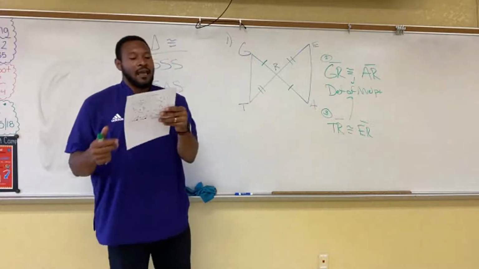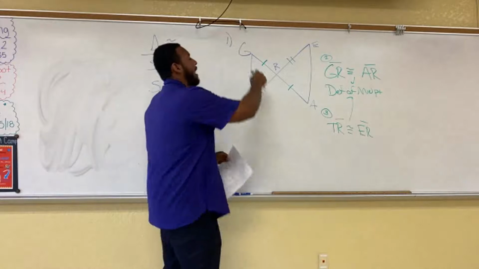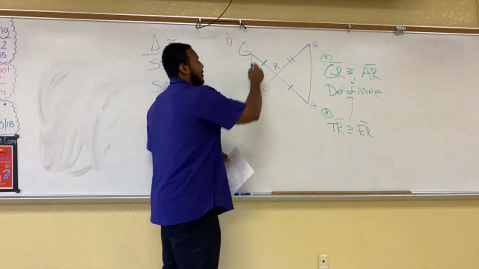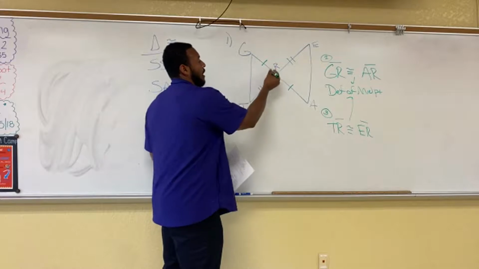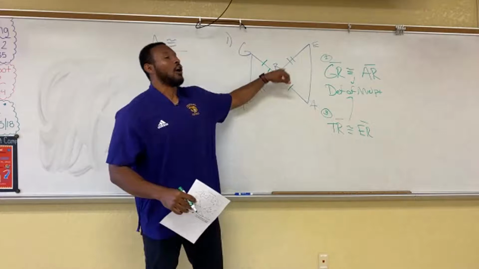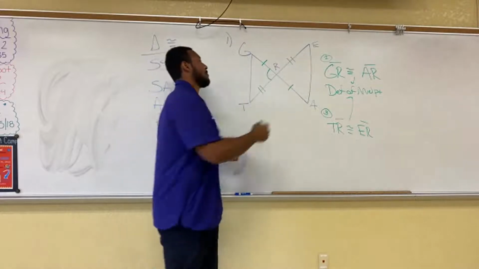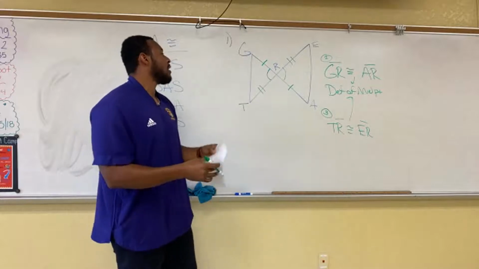Let's look at 4. Angle GRT is congruent to ARE. First of all, do you guys see angle GRT here? Yes, right here, right? Y'all see that? Okay, it's right here. Boom. Okay, do you guys see angle ARE? Yeah, right here. Now, they told you they're congruent.